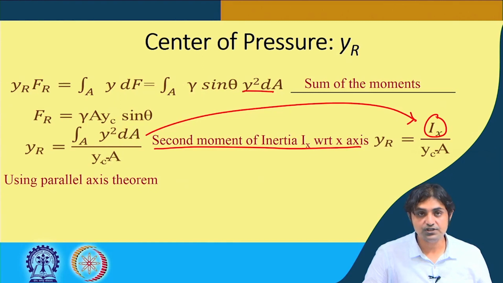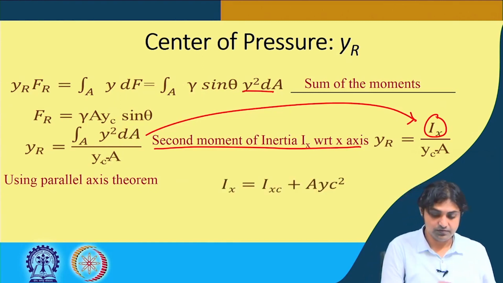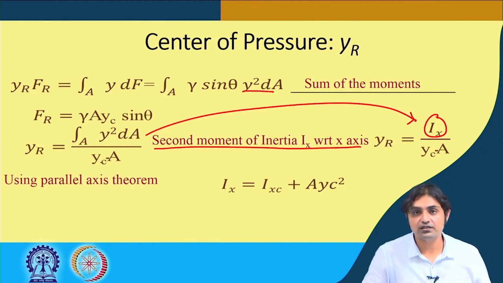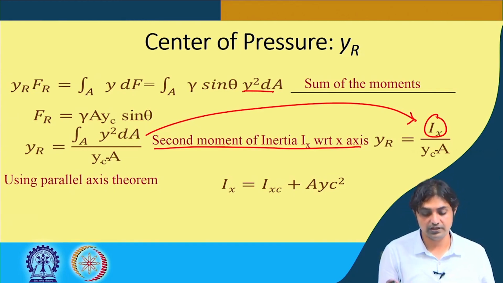Now, if we use the parallel axis theorem, because this is around an x axis which is not independent of the coordinate system, but if we have a coordinate system passing through the centroid of the object, then we are able to calculate very easily, it does not matter how we orient our coordinate system.